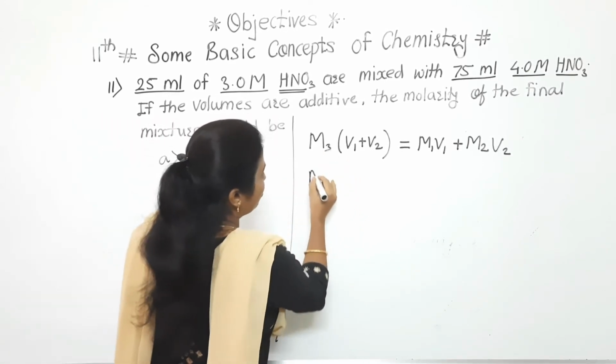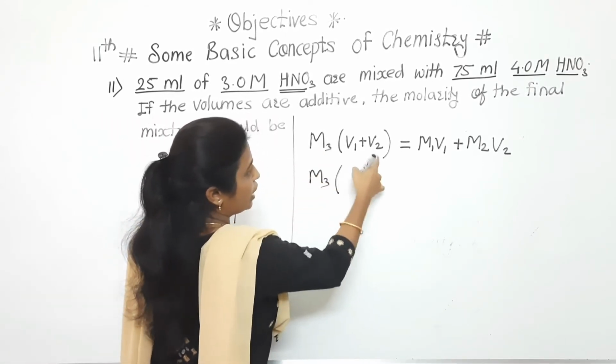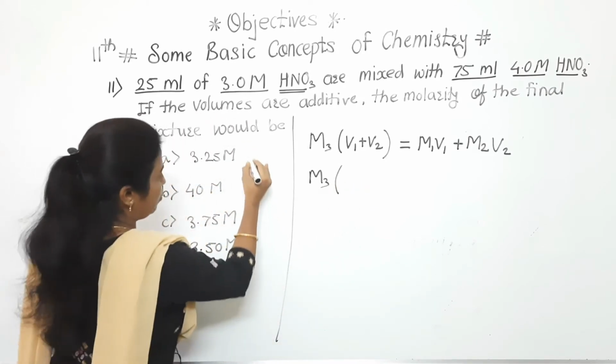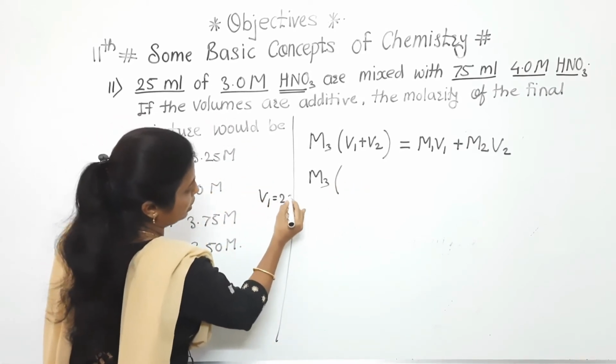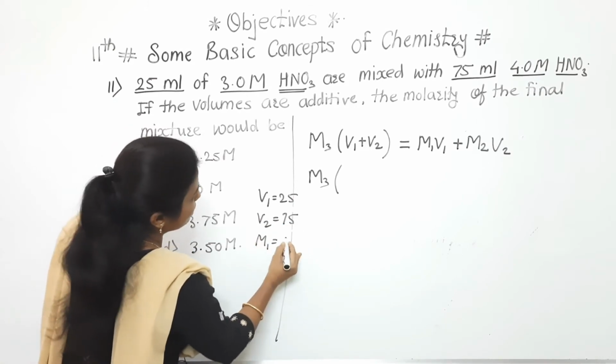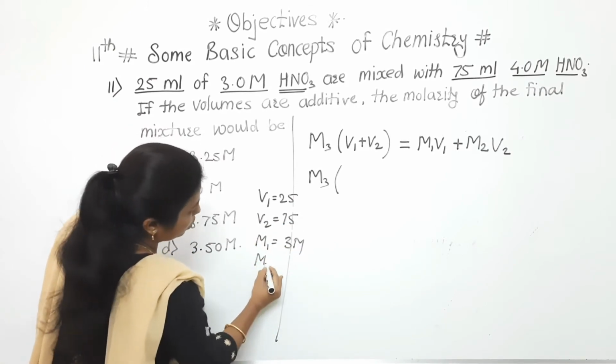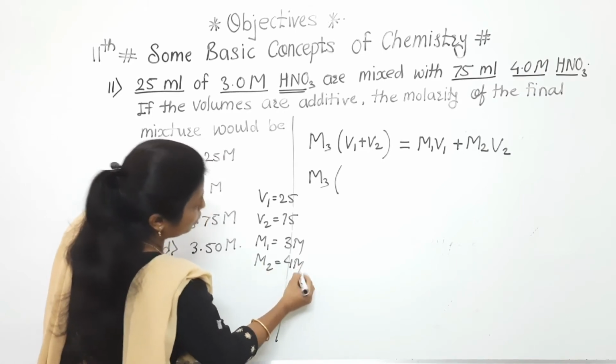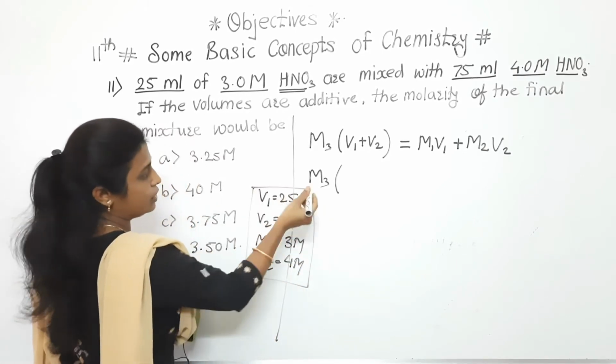Now see, M3 we have to find out. V1 is 25, V2 is 75, M1 is 3 molar, M2 is 4 molar. We just put all these values in the formula.